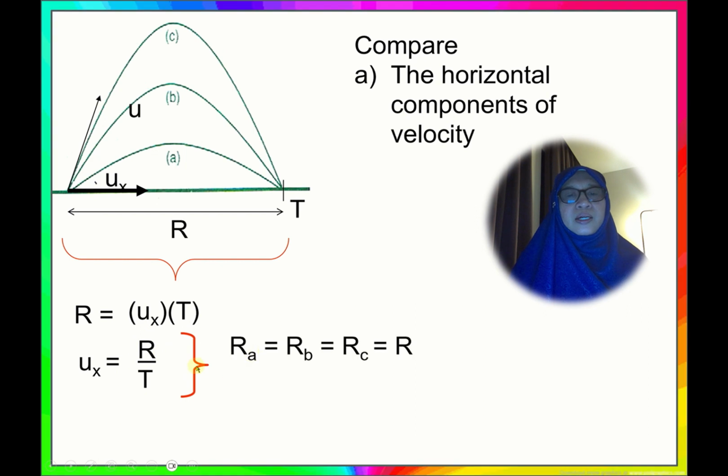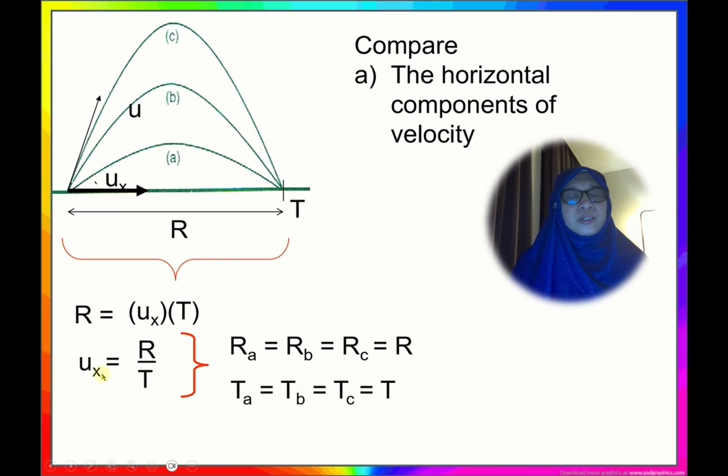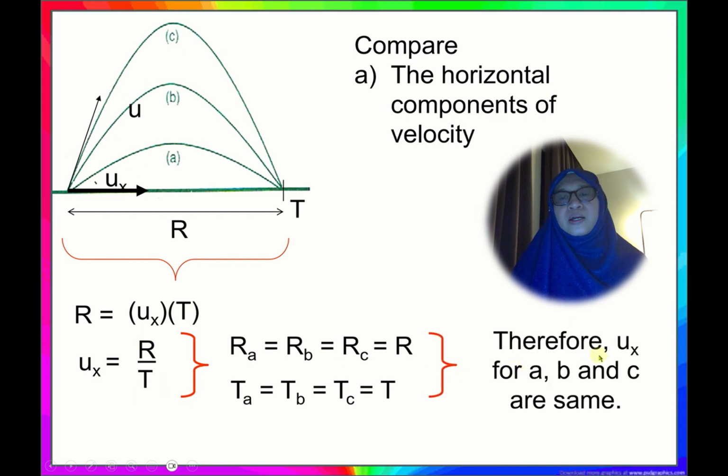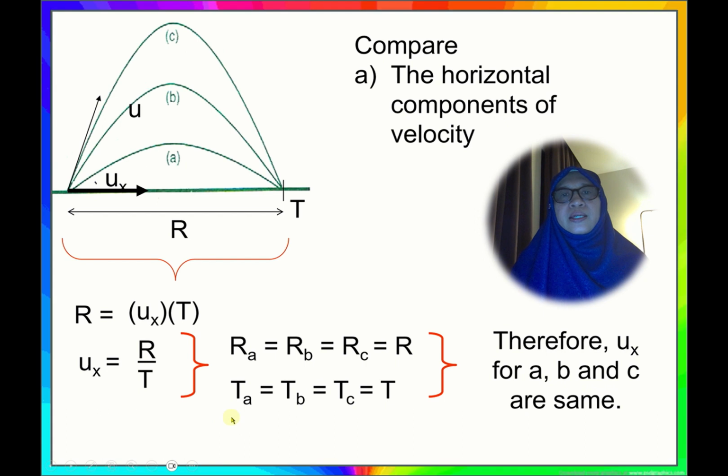Now r is constant, like mentioned in the question, and t is also constant. Therefore ux will give you a constant value. So that means ux for A is equal to ux for B, and also equal to ux for C. That's the answer for question A.